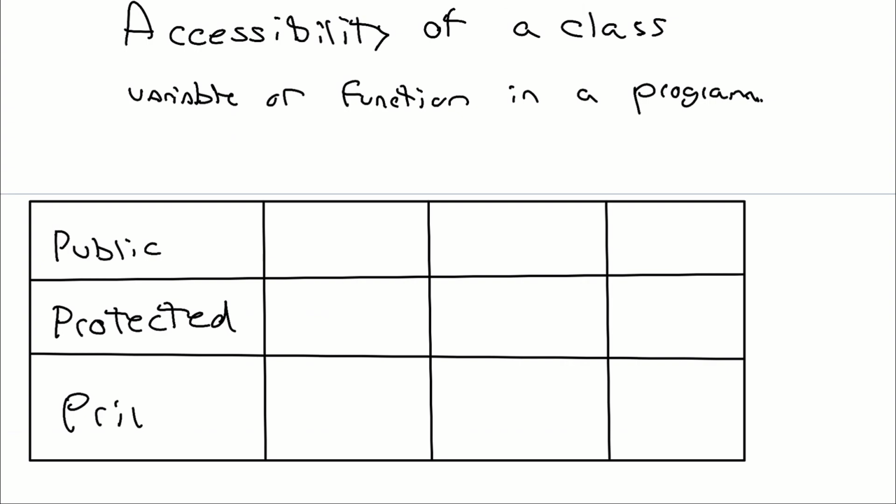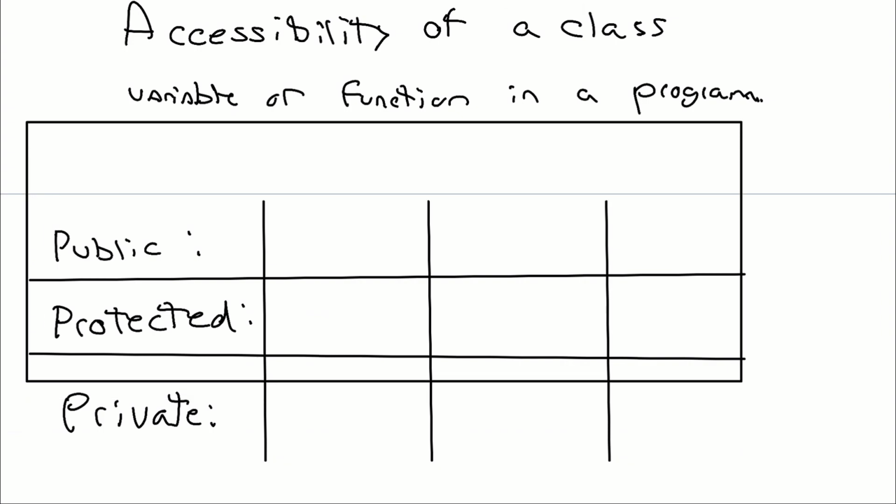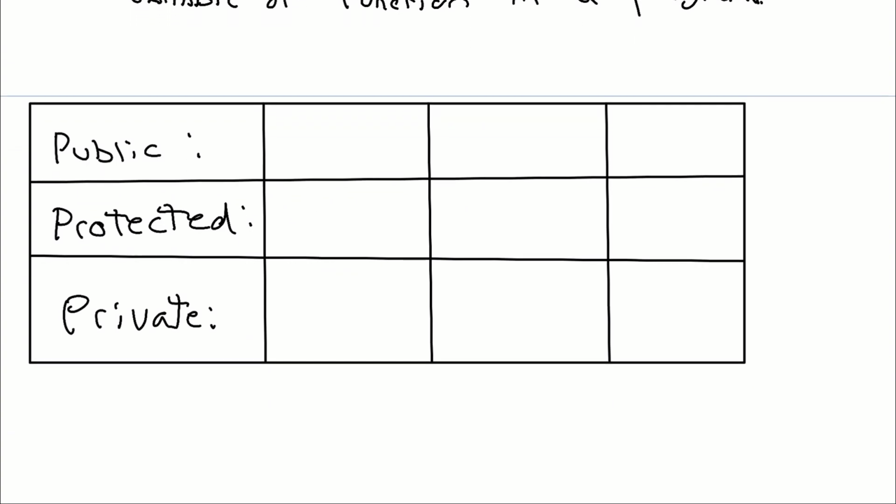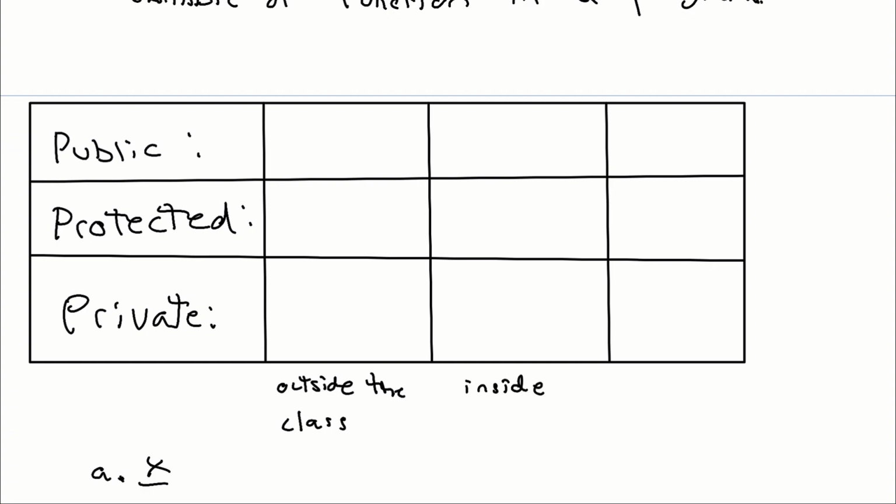We have the three modifiers we're talking about: public, protected, and private. And then each of these columns is where it's available. The first one is outside the class, such as in main or a random function. So if you're doing something like a dot, and then you put the variable, like a dot x. The other is going to be inside the class.